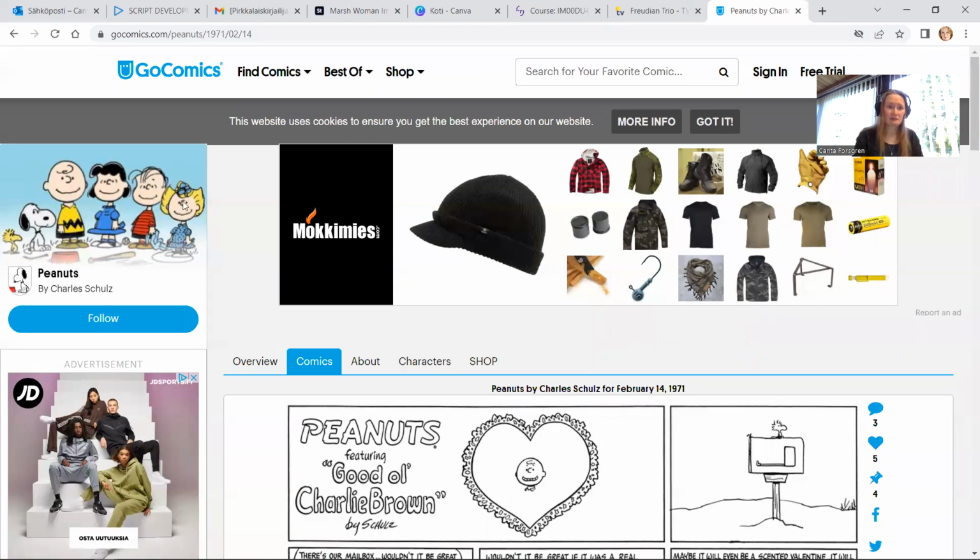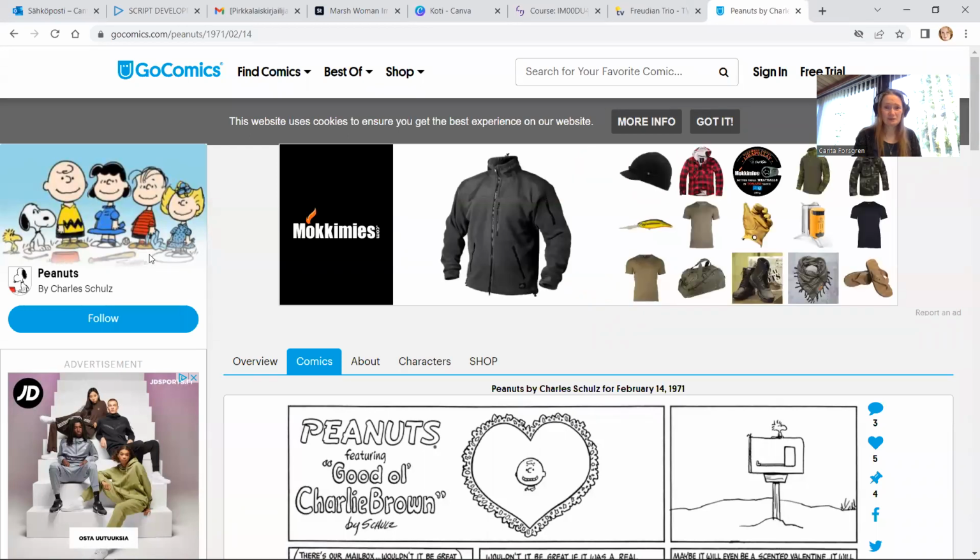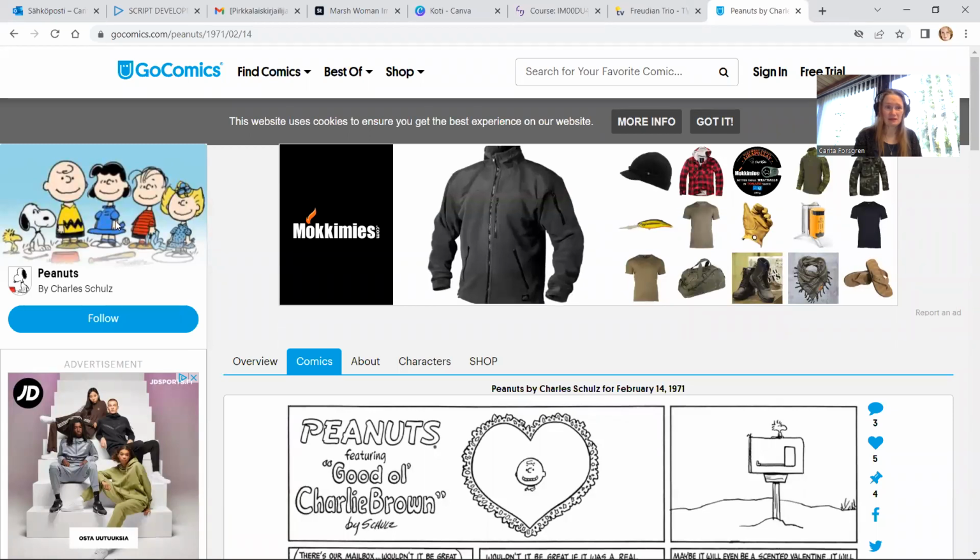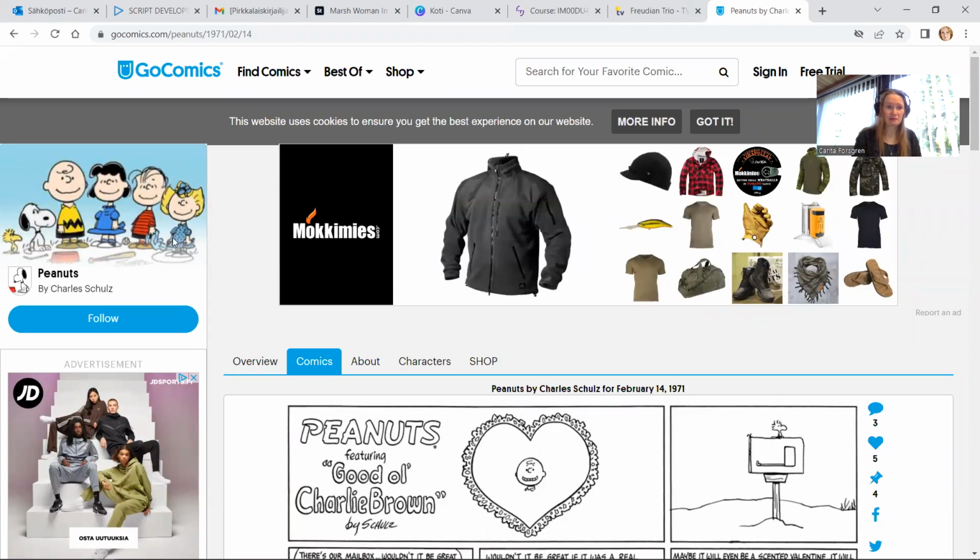And then Sally, Charlie Brown's little sister, is in love with Linus, but Linus doesn't care about her at all. And so there are two pairs of siblings here and, well, four characters who form different kinds of triangles with each other.